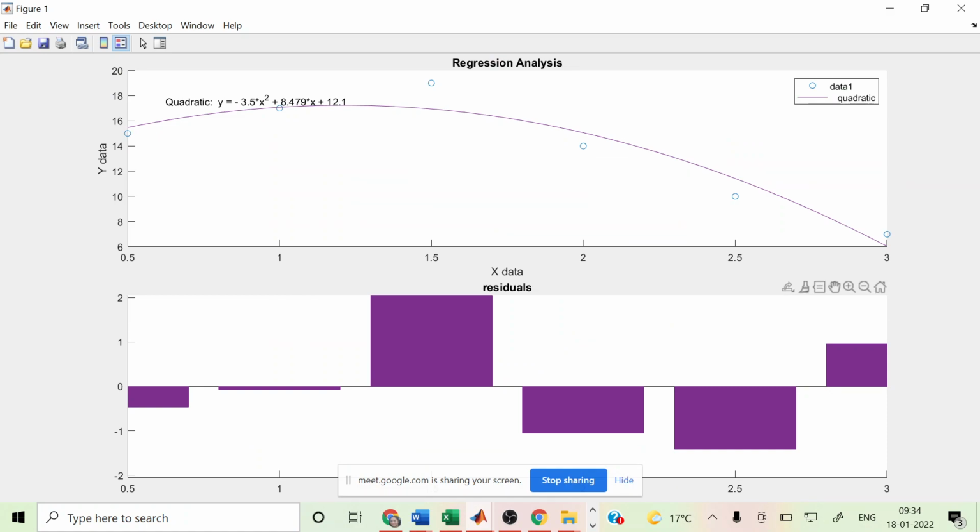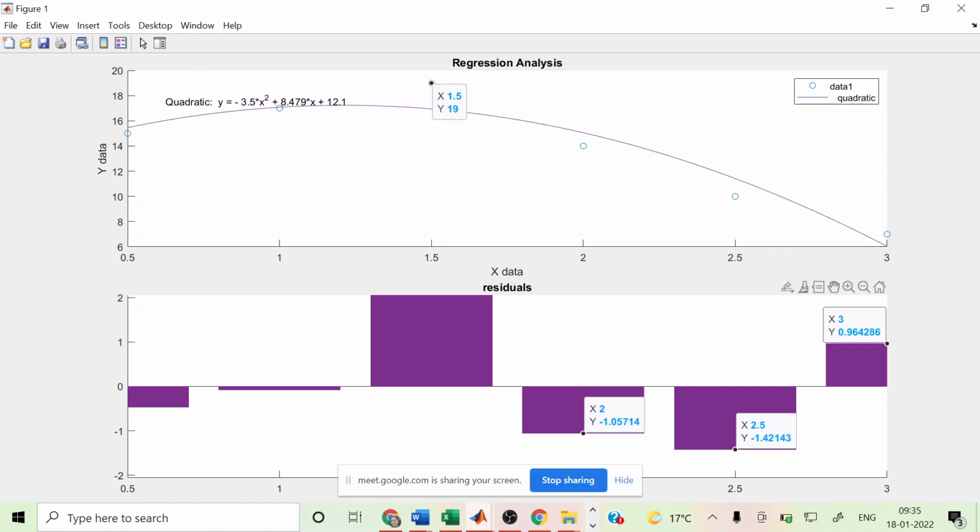Actually, we call it residuals. What is a residual? Actual value minus the predicted value. So the actual value is this, minus the predicted value. Here you can see the actual value is on the negative side, so that's why it is minus. Okay, here also it is minus. Here it is above the predicted line, so that's why it is positive. That also you have to note down.